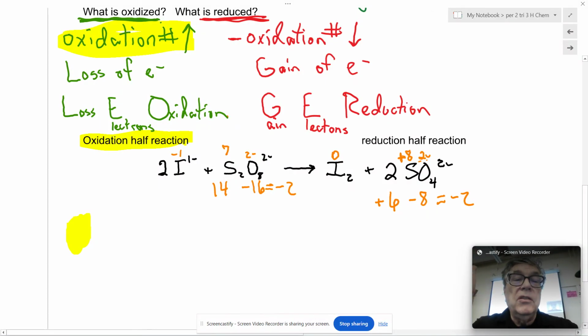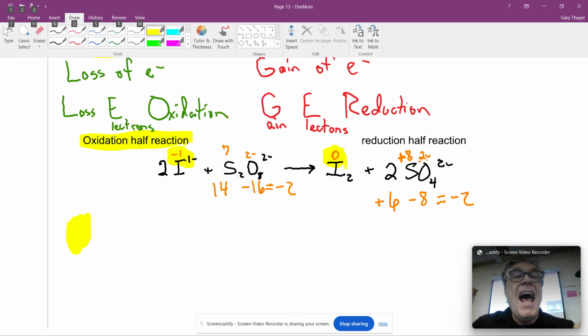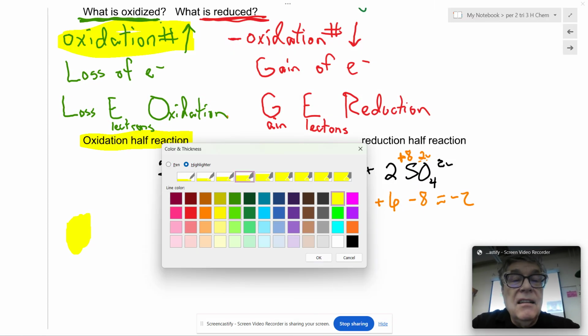In other words, we went from -1 to 0. Do you see that the oxidation number went up? It increased. So that is what we're going to write.